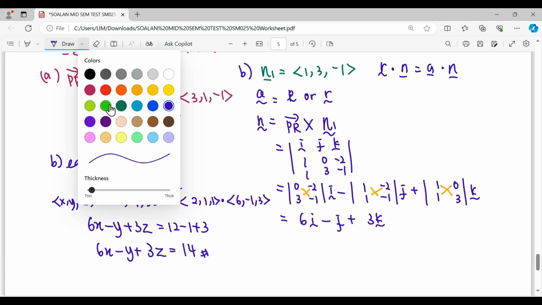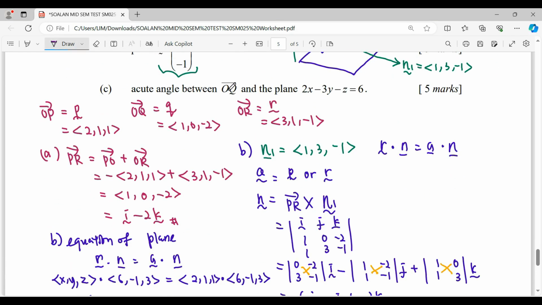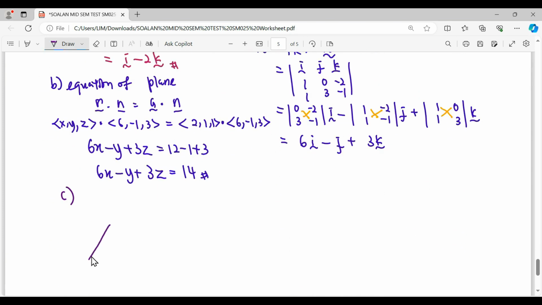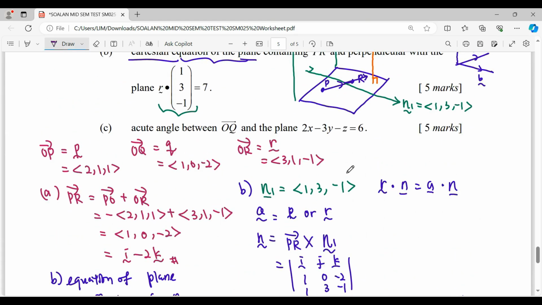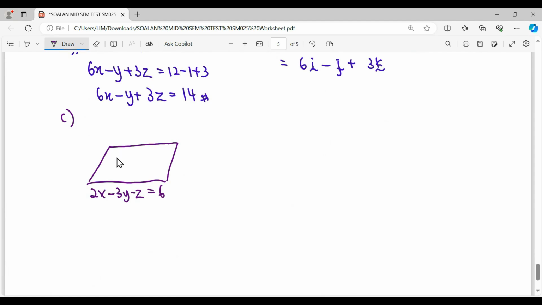Then continue. For question C, they ask you to find the angle between a vector and the plane. So let's say this is the plane mentioned here, which is 2x minus 3y minus z equals 6, and a vector OQ.